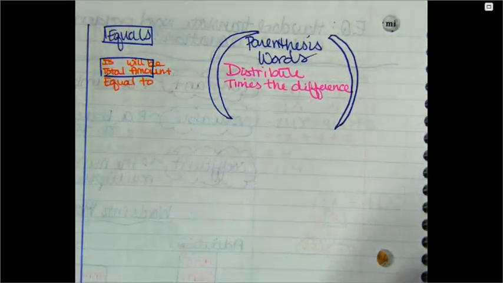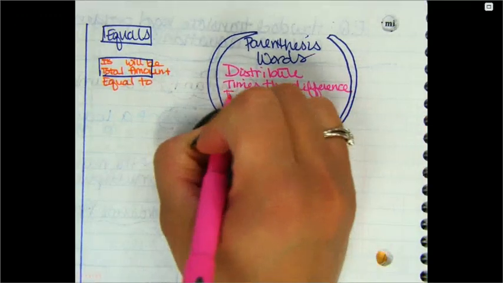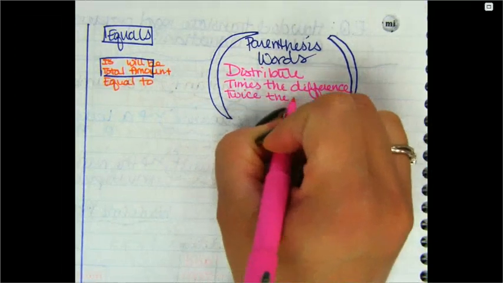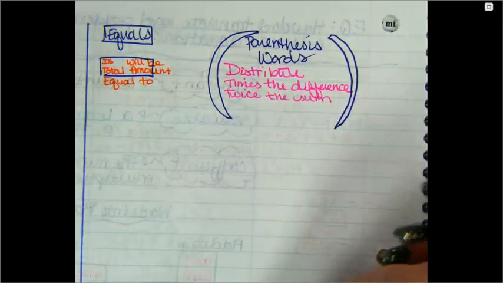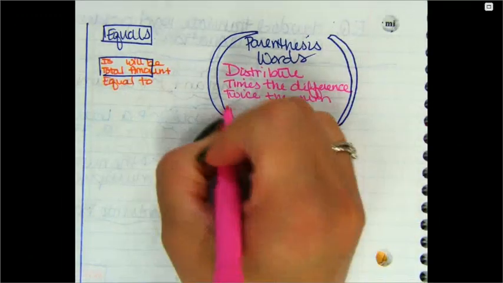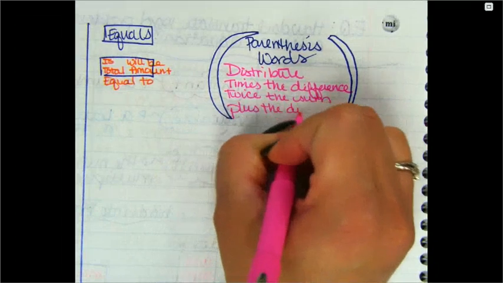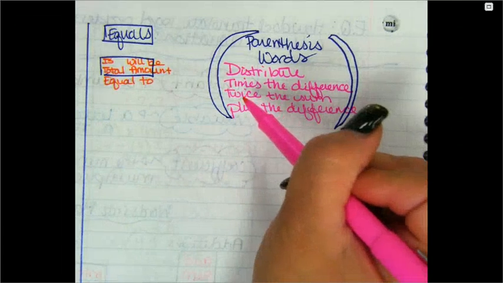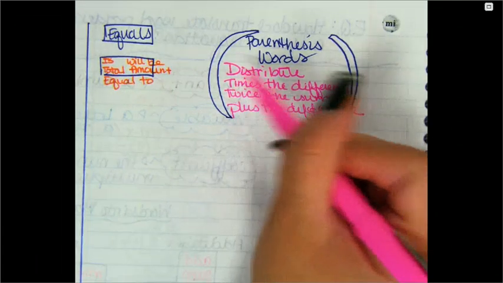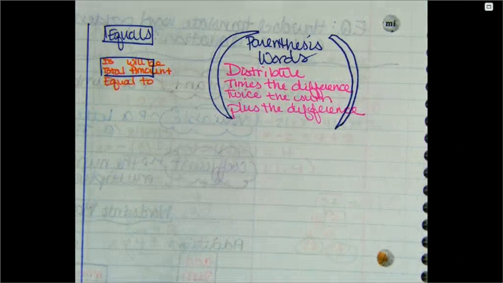What does times the difference mean? What's inside the parentheses? Subtraction. Subtraction's inside the parentheses and then multiplication's being on the outside. Twice the sum. What does that mean? Inside the parentheses is addition and on the outside is a times 2. Plus the difference can also be 1. These aren't very common. The one that's very common is twice the sum, like twice something times something, right?